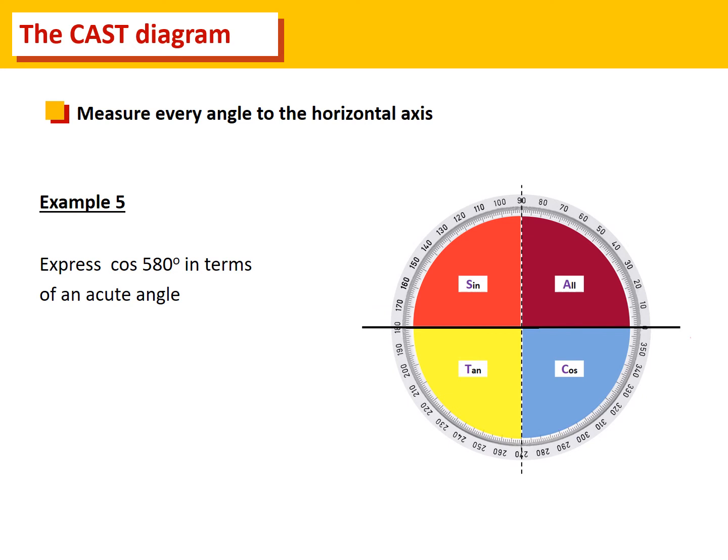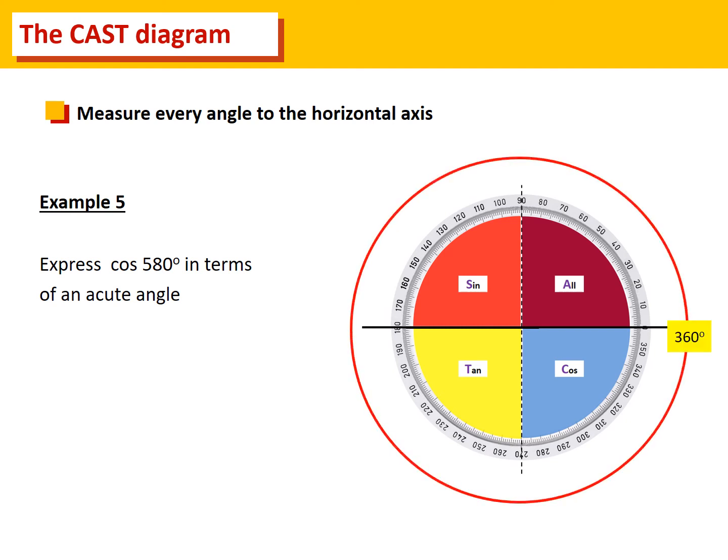Here's example 5. Where is 580 degrees? Well, one full turn is 360 degrees. So cos of 580 is the same as cos of 220 degrees. And that's the same as negative cos 40 degrees.